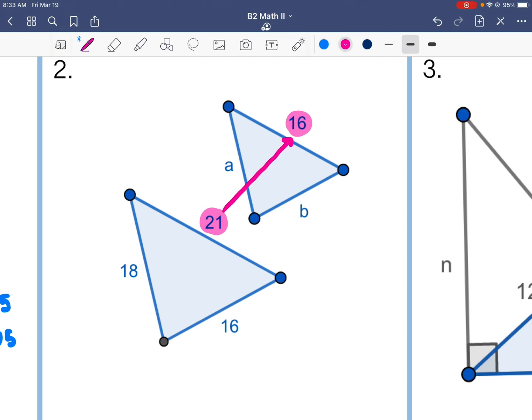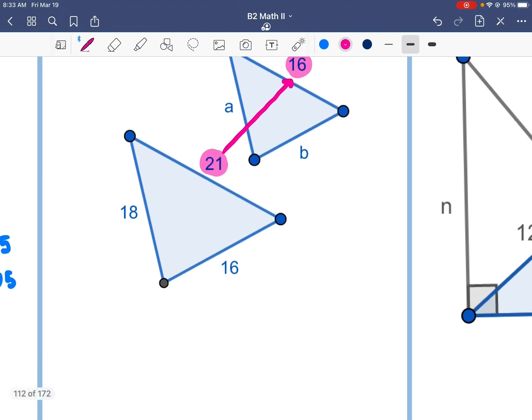And we just decide, how do we get from here to here? So 21 divided by 16 is 1.3125.